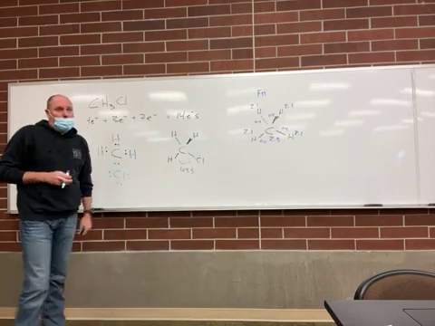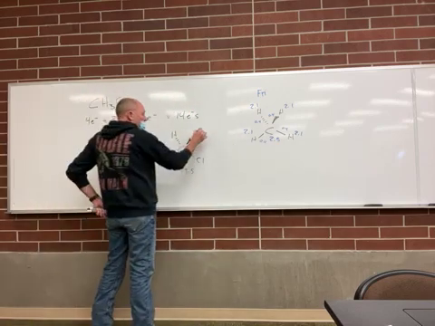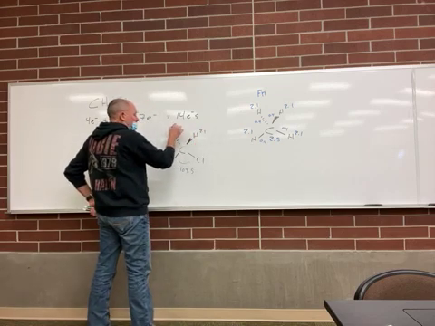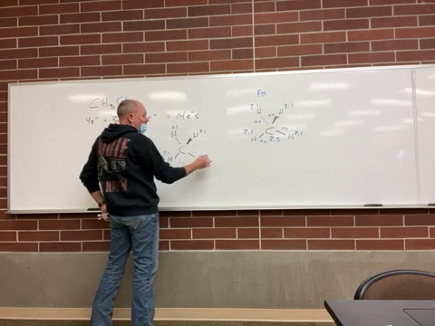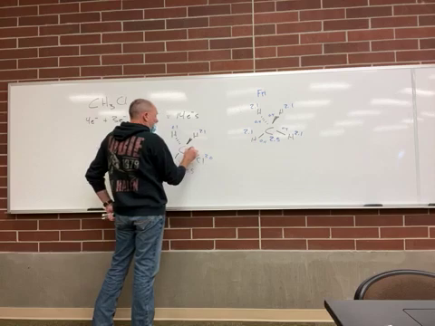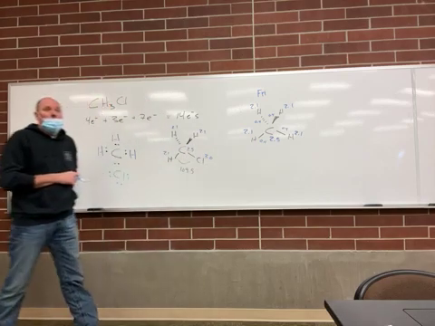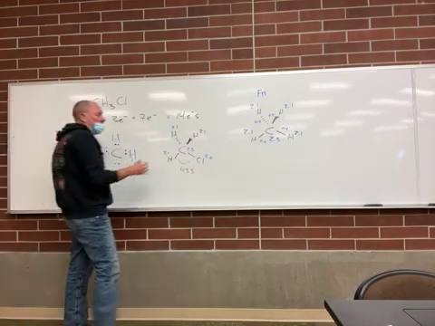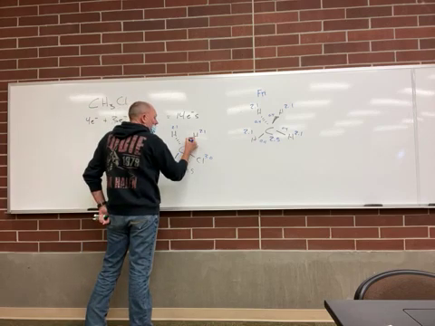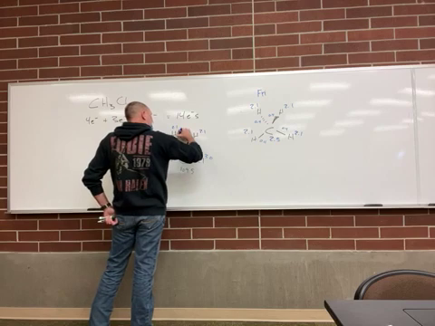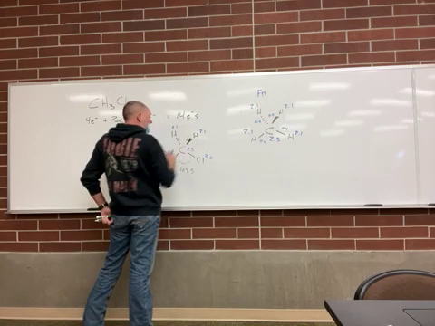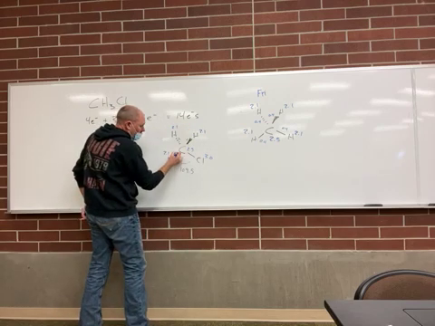Back to chloroform. 2.1, 2.1, 2.1, 3.0, 2.5. So this bond is pulling slightly this way. This bond is pulling slightly that way. This bond is pulling slightly that way.